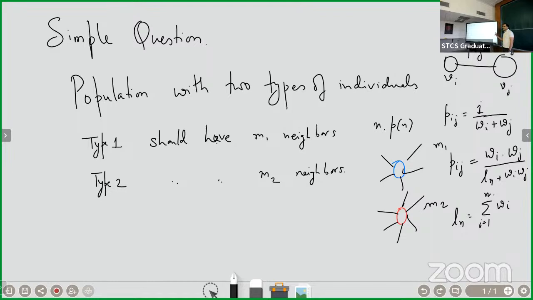What kind of graph will result if I choose my Wi carefully? Can I go for the full spectrum? One is a very homogeneous graph like an Erdős–Rényi graph, where vertices are indistinguishable. That's one extreme. Can I go all the way to the heterogeneous case, where there are Amitabh Bachchans and Brad Pitts in the world, and the rest of us have no followers? Can I go to that extreme?